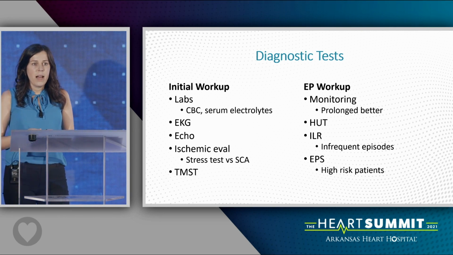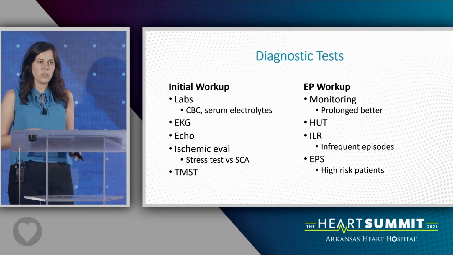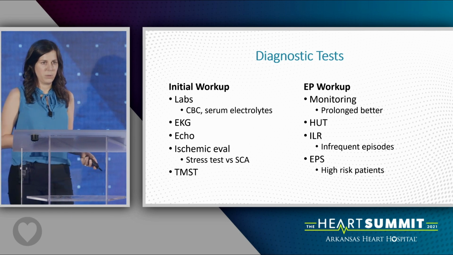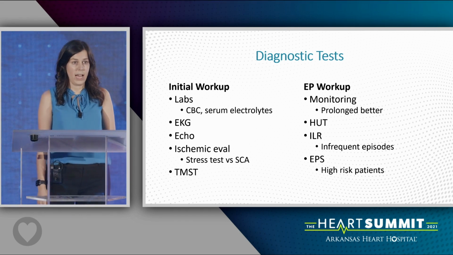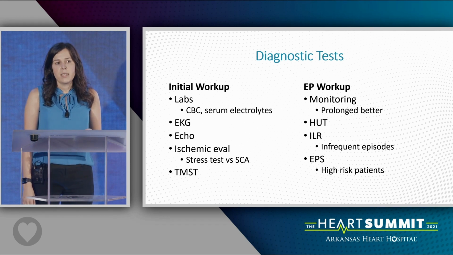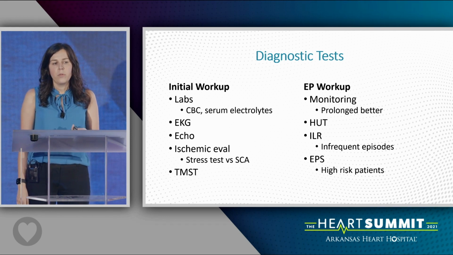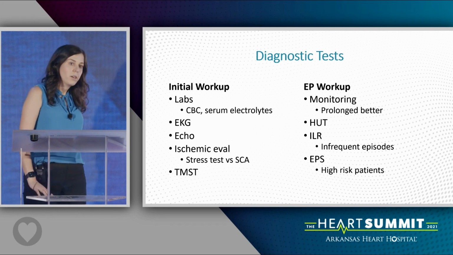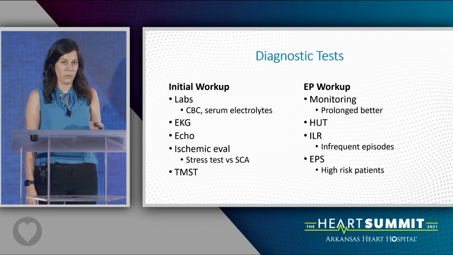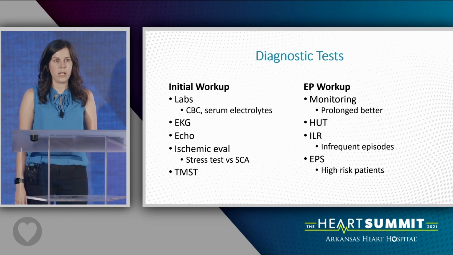An ischemic eval, so we're looking at the patient's personal history as well as family history. Would they benefit from a stress test or maybe even a heart cath? A treadmill stress test can be particularly helpful because it can show both an ischemic cause as well as arrhythmias associated with exercise.